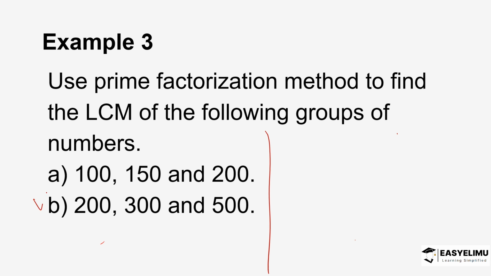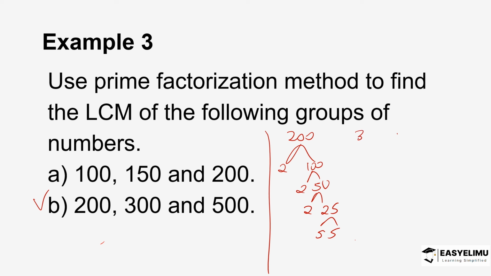So B here, we have to express again each of the numbers as a product of their prime factors in power form. So starting with 200. So again, 2, 100, 2, 50, 2, 25, and 5 5.